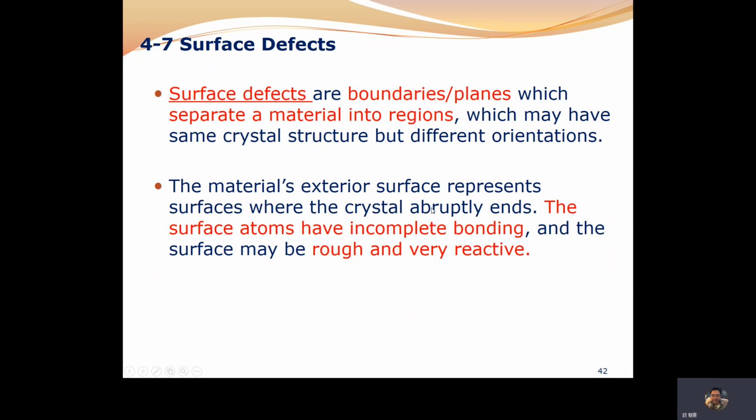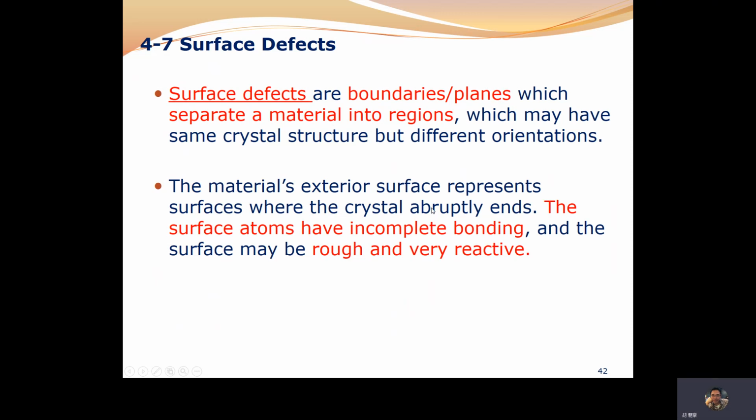And the material's interior surface represents the surface where the crystal structure abruptly ends, and the surface atoms have incomplete bonding, and the surface might be rough and very reactive. That means the grain boundaries are very reactive.